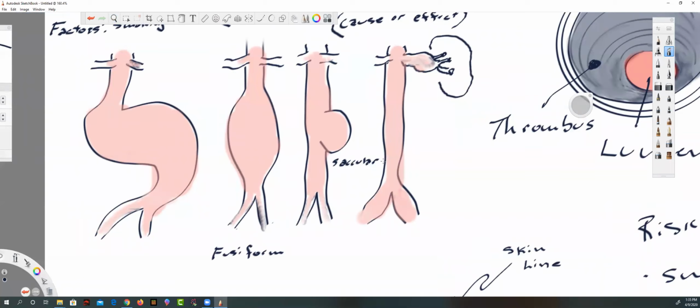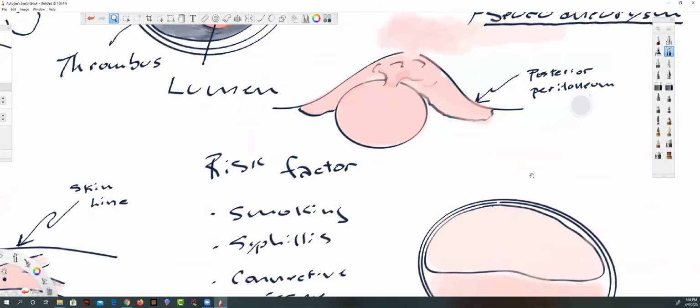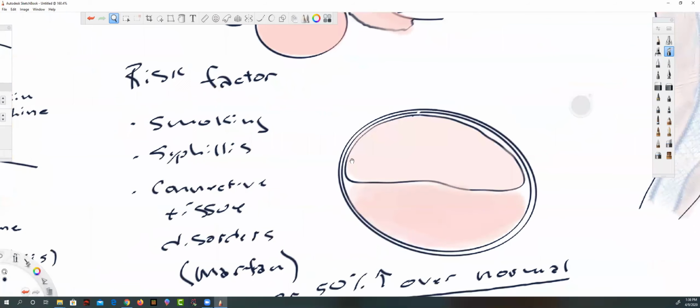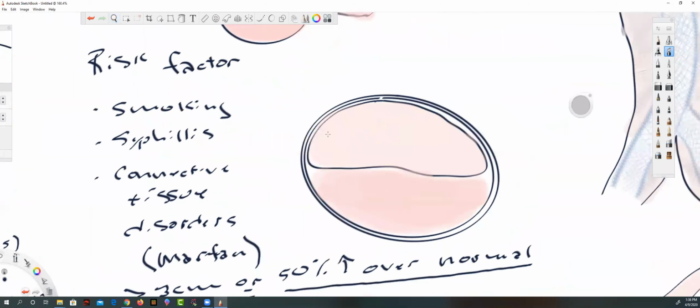Oh, your book mentions dissecting. Let's try to keep it in order. There's my dissecting aneurysm here. You can have a dissection without an aneurysm, but if you have an aneurysm, your chance of getting a dissection increases a lot. So when we're looking at aneurysms, we're going to look for something that looks like this. This is the intima layer.